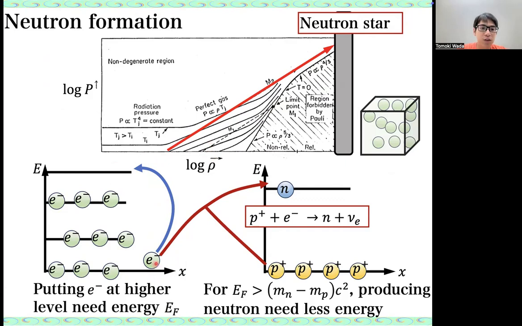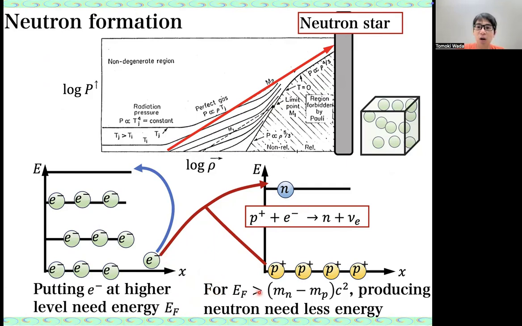But in order to put this electron from here to here, we need to give some energy to this electron. This is noted EF here. And in a more dense electron gas, this required EF becomes larger. And it just increases.